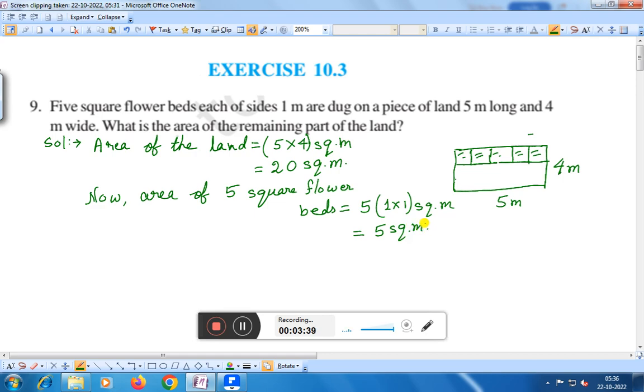The area of the land is 20 square meter, and area of 5 square flower beds is 1 into 1 and then into 5, that is 5 square meter.